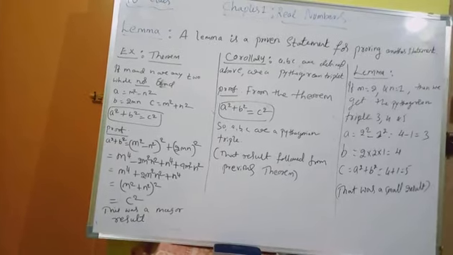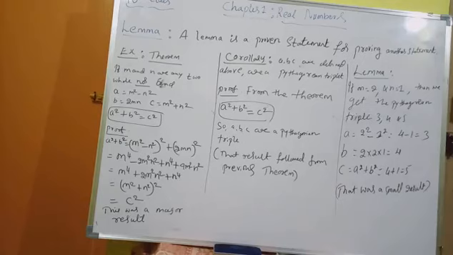Have you understood, students? Real numbers are the set of rational numbers and irrational numbers taken together. Thus, every real number is either a rational number or an irrational number.